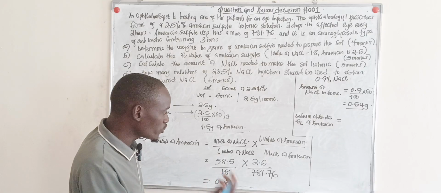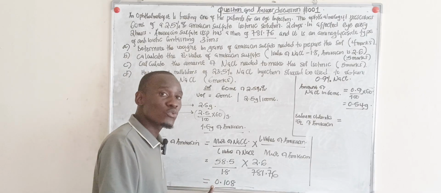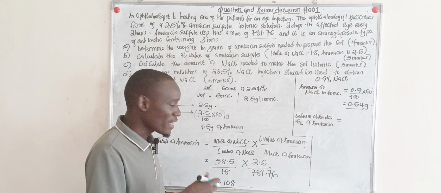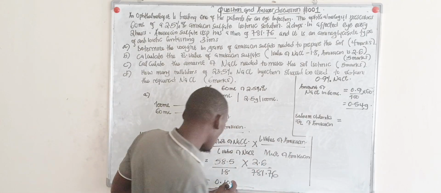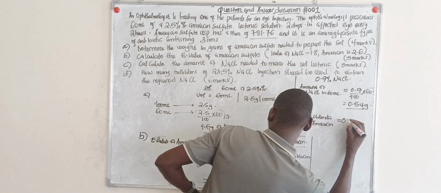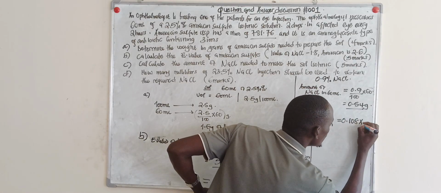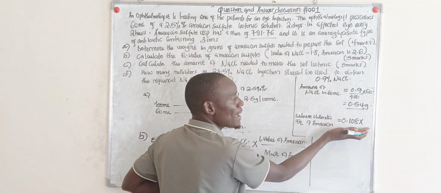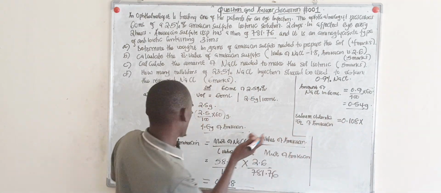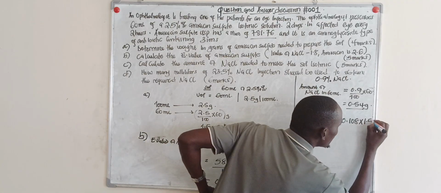So what are we going to do? We know the mass of sodium chloride equivalent and also that of amikacin sulfate. So we shall get the sodium chloride equivalent of amikacin, which is 0.108 times the weight of amikacin sulfate, which we have already obtained here as 1.5.